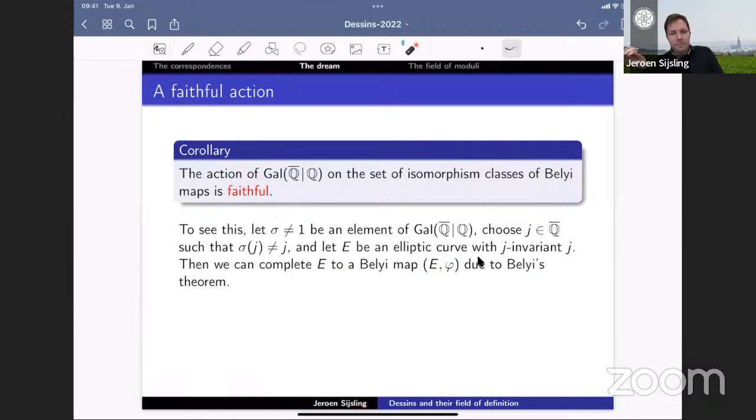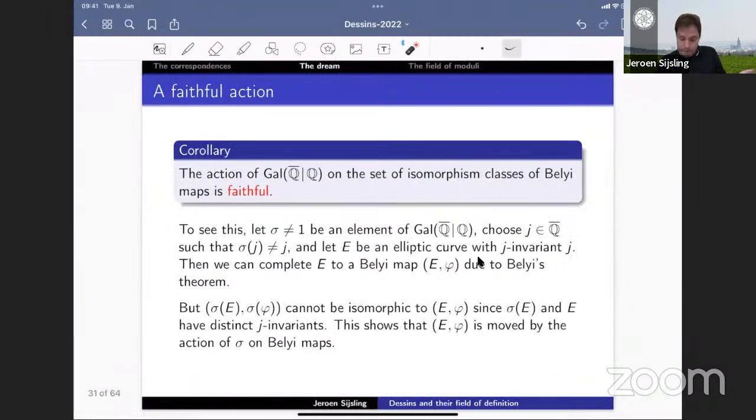Now Belyi tells you, given your E, which is defined over a number field because I just took an elliptic curve over Q bar with J-invariant J, I can find the corresponding phi. My claim is this is mapped to something non-isomorphic by sigma.